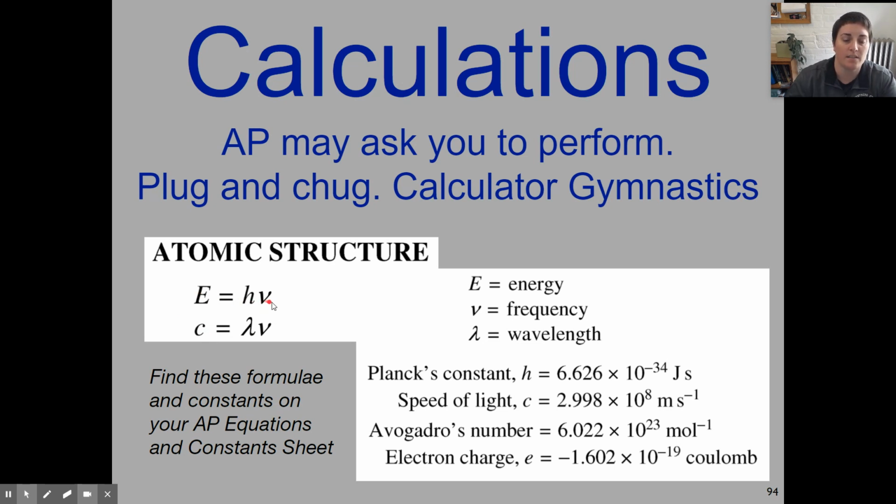Energy equals Planck's constant times frequency, and speed of light equals wavelength times frequency. They also give you those constants, Planck's constant, h, and the speed of light, c, located right near Avogadro's number. And they tell you that E is energy, v is frequency, and lambda is wavelength. So we're going to use that in the next couple slides.